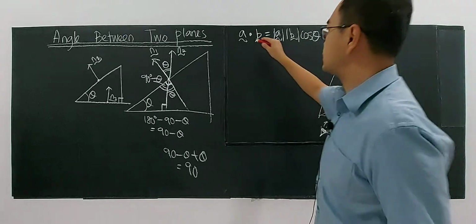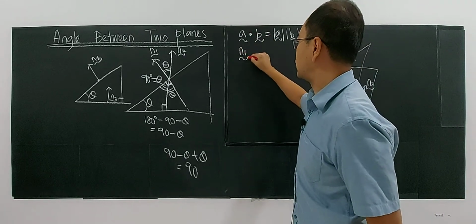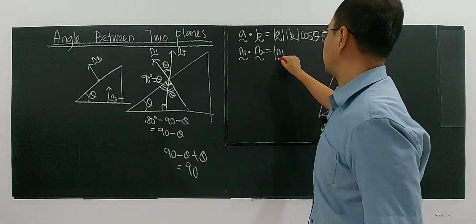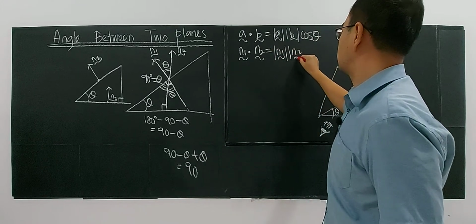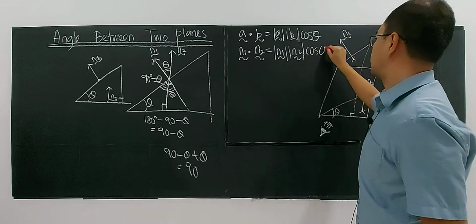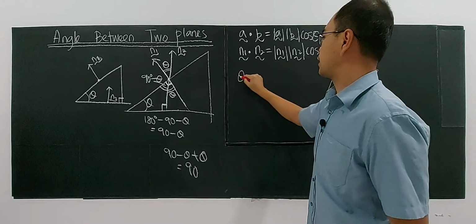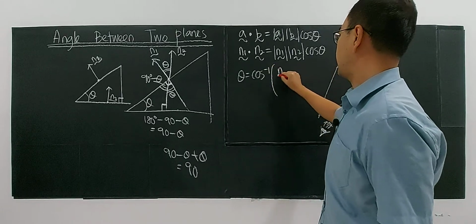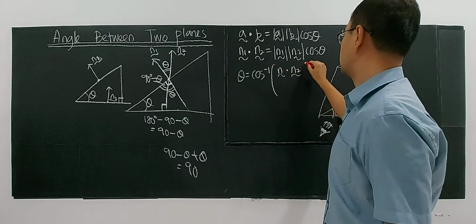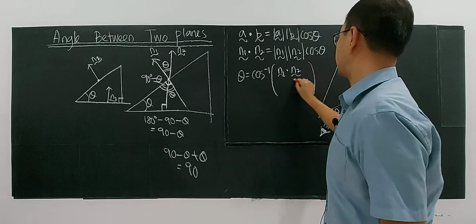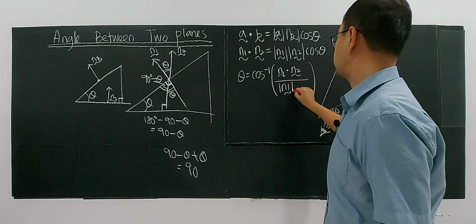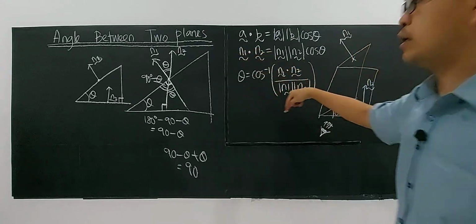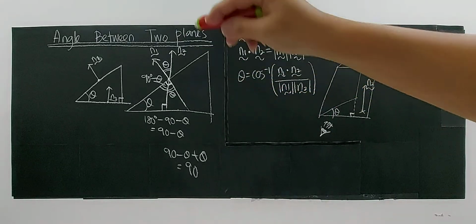So I replace A with N1 and B with N2: N1 dot N2 equals magnitude of N1 times magnitude of N2 times cos theta. Rearranging, theta equals cos inverse of N1 dot N2 divided by magnitude of N1 times magnitude of N2. This is the formula for finding the angle between the two planes.